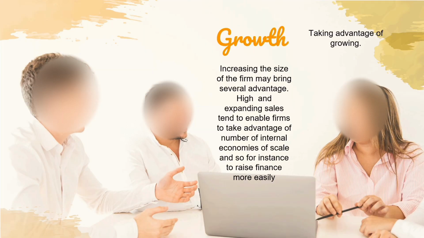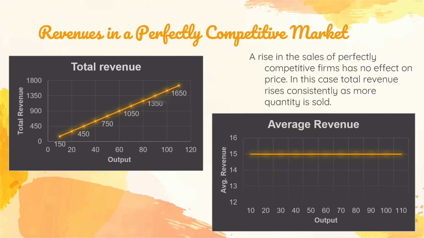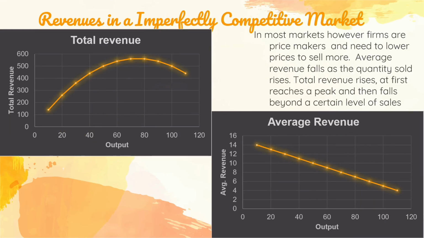Okay, let's go back to that slide. So effects of increase in output on average revenue in an imperfectly competitive market. So over here, you can draw this graph that's given down over here. You get the first 4 marks for the graph. You need to label the axis, average revenue and output.